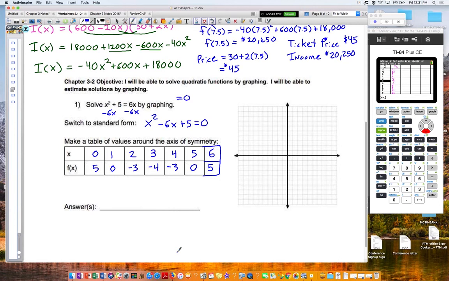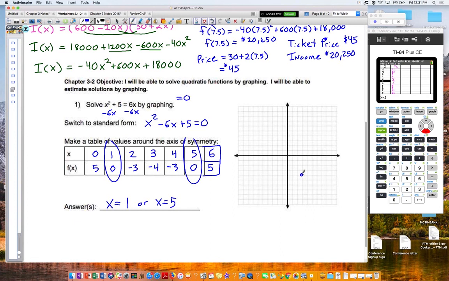What's nice is here I can see my solutions. This is where it's going to cross the x-axis. So my solutions are x equals 1 or x equals 5. However, I do want to sketch the graph. I kind of jumped ahead to answer it. So I'm just going to sketch my graph so that I have a nice picture.